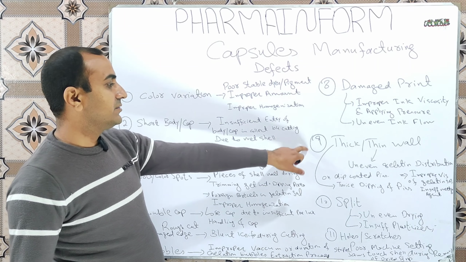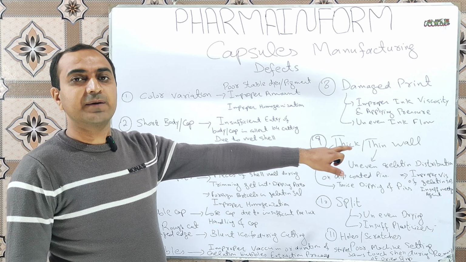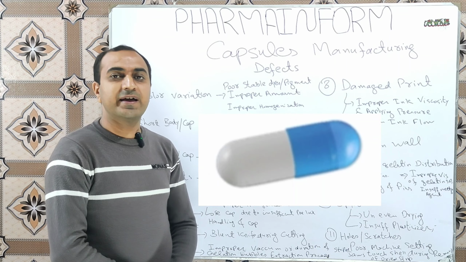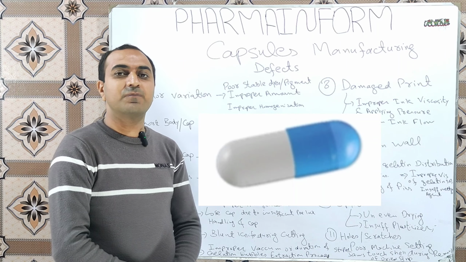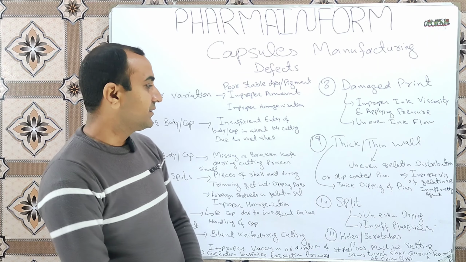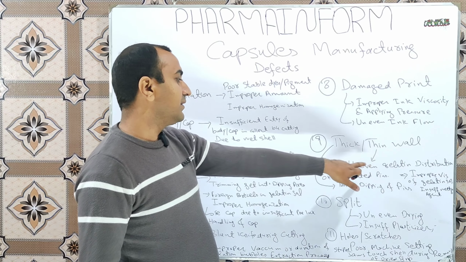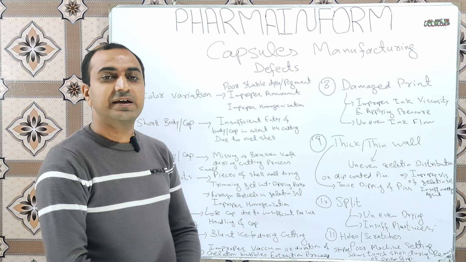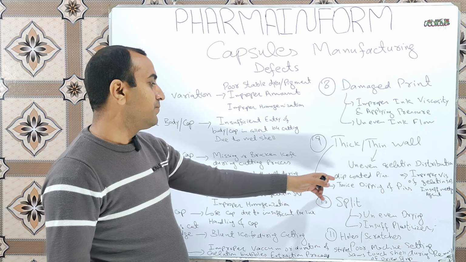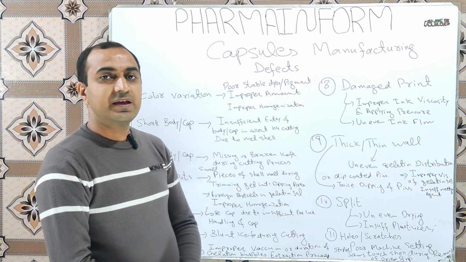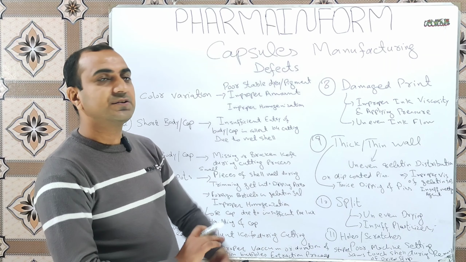The next one is the thick wall or thin wall capsule shells. As you can see in the diagram, the capsule shell wall may be thick or thin. What is the reason? Thin wall is due to uneven gelatin distribution on the dip coated pins. And what is the reason for thick wall shells?